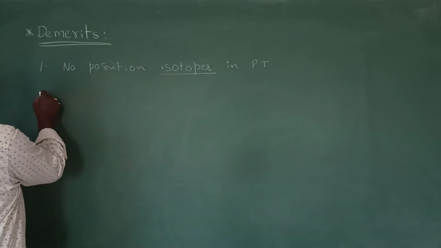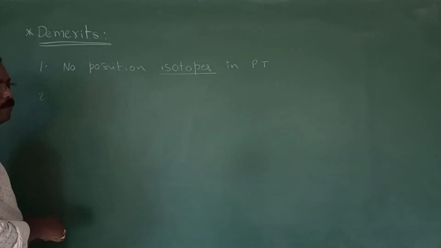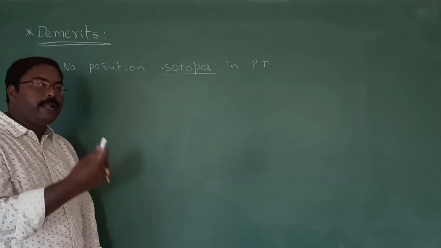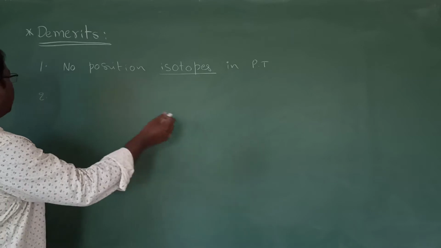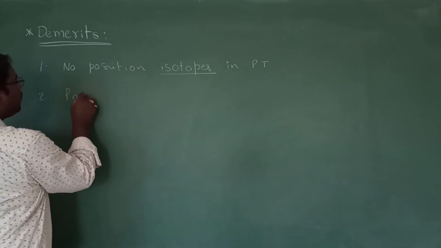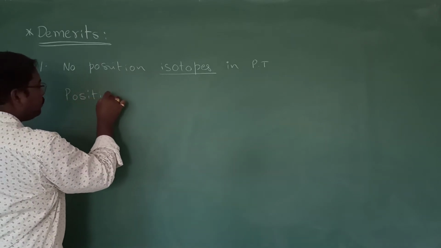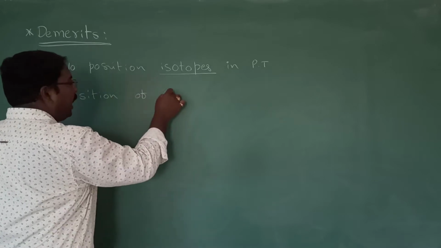Now, for all these classifications, even our present periodic table has one common demerit: the position of hydrogen.